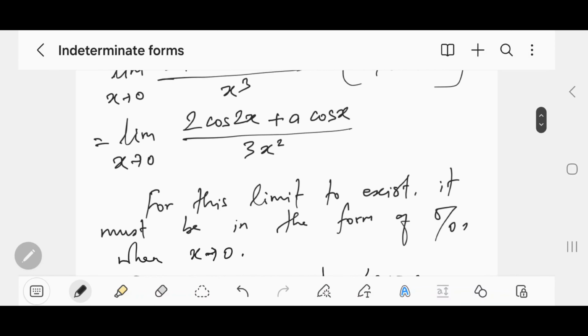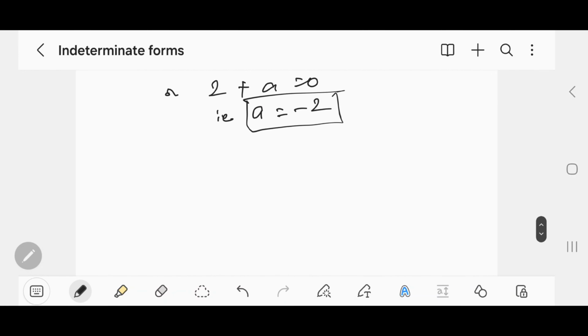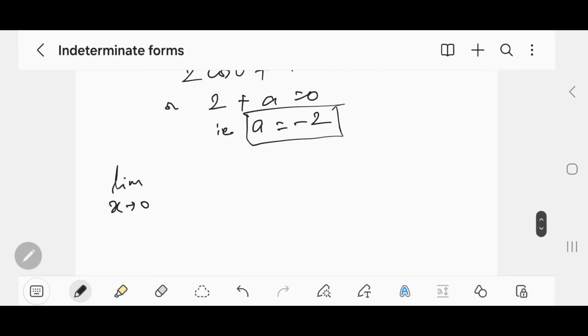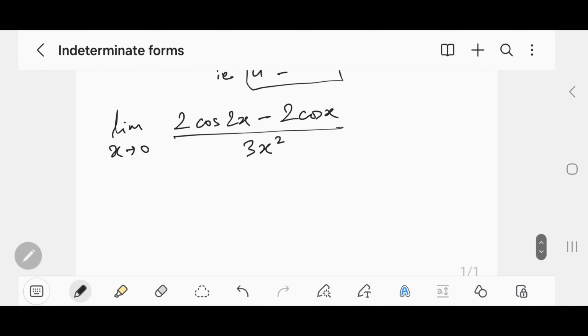Now we need to find the value of this limit as well, right? So with using a equals to minus 2, this limit will be 2 cos 2x minus 2 cos x by 3x square.